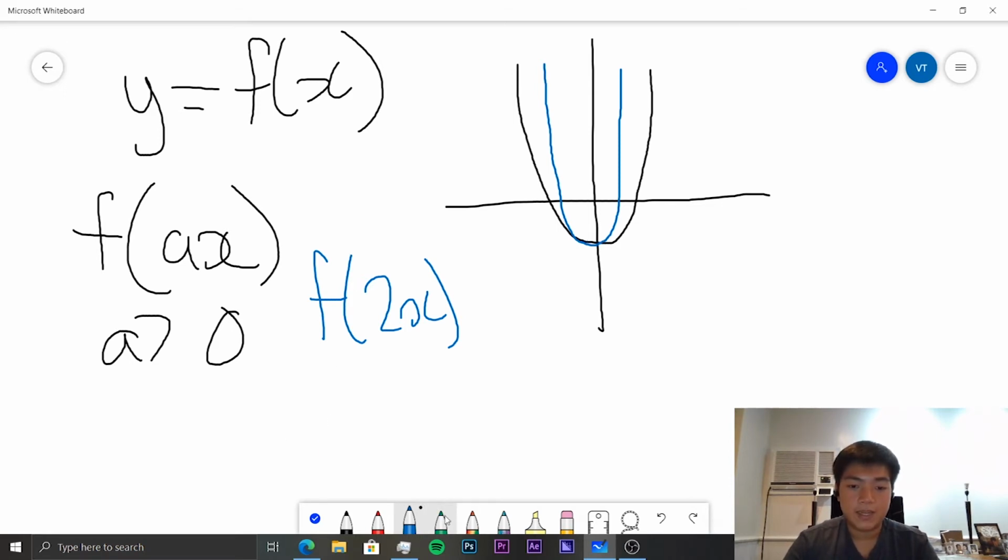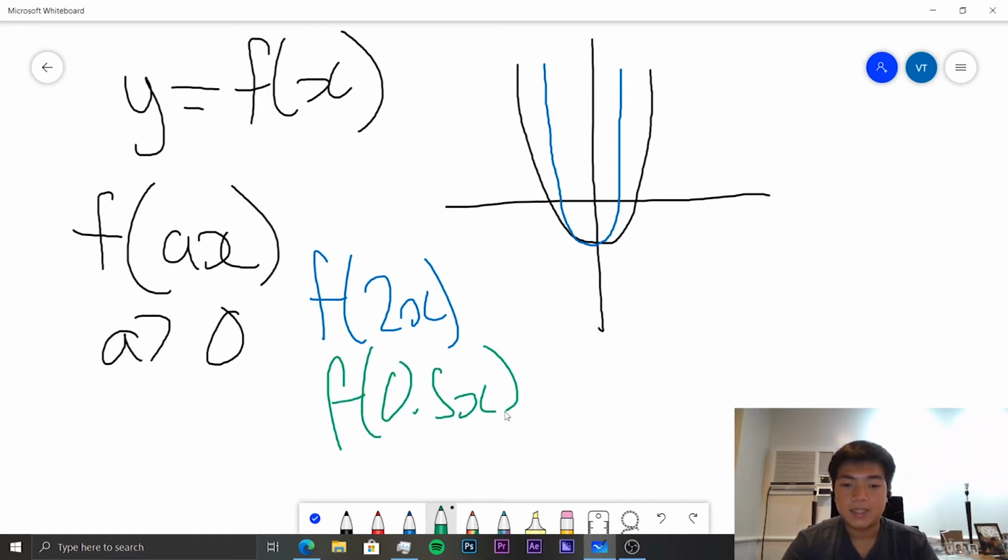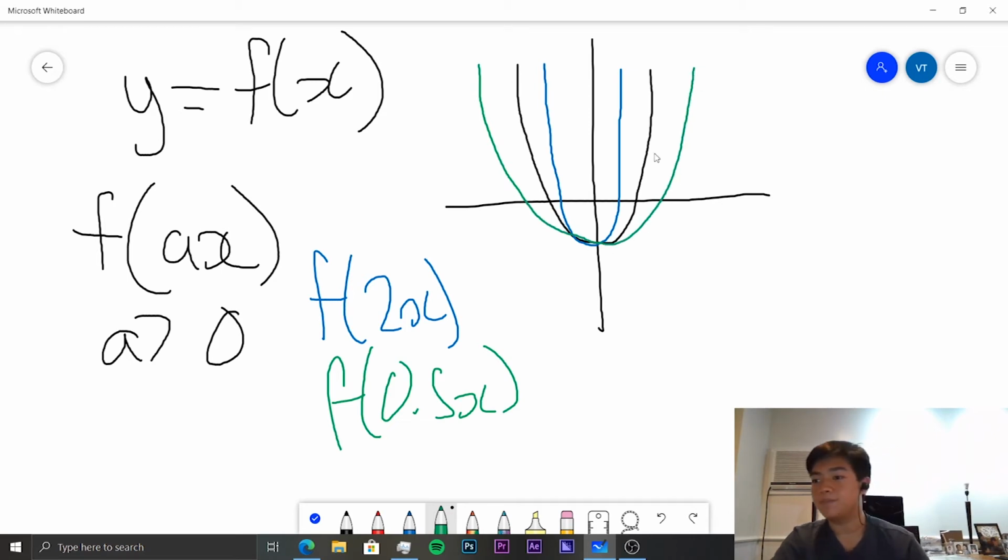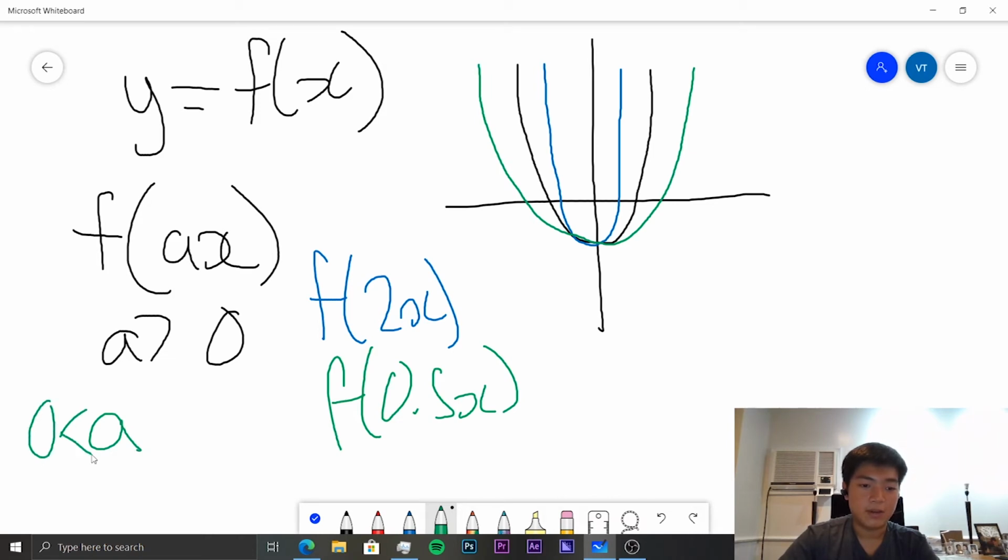And if instead we have f of 0.5x, instead of compressing the function, we would be stretching it. Even though we would have the same minimum point, the values of x would be different. So if a is between 0 and 1, the graph is stretched, and if a is greater than 1, the graph is compressed.